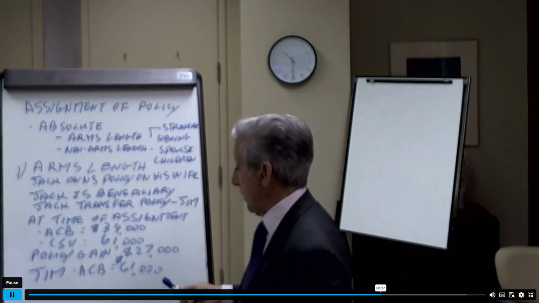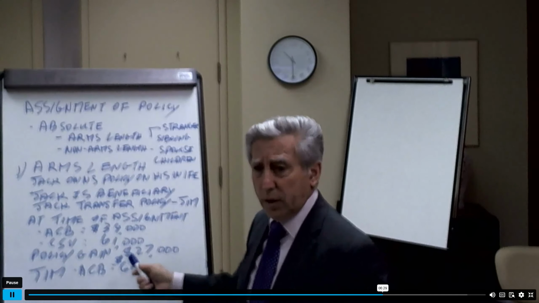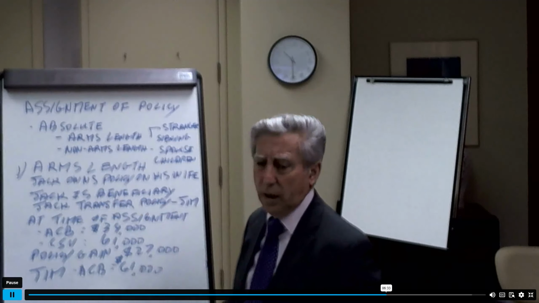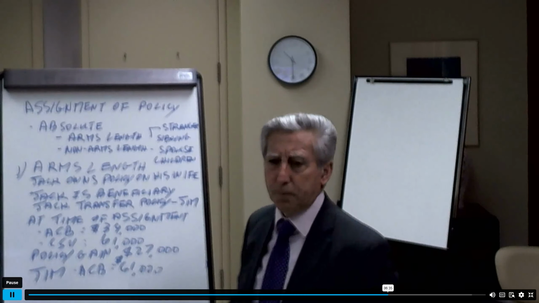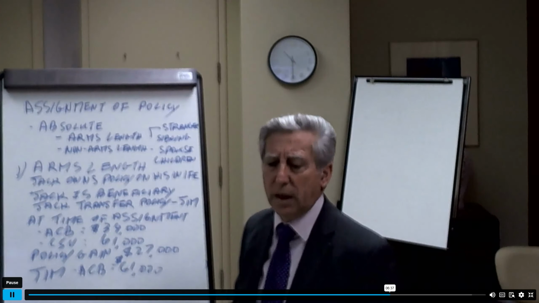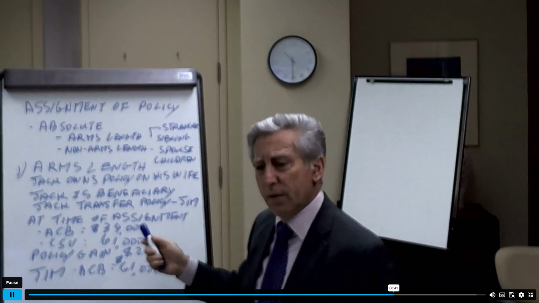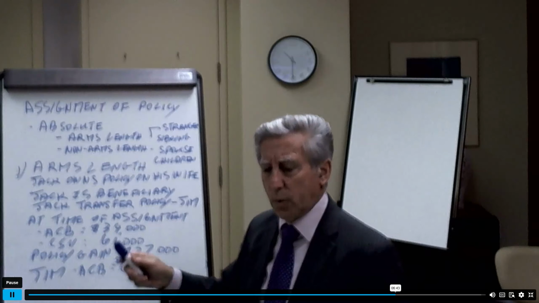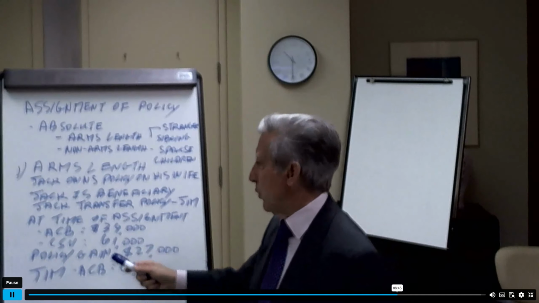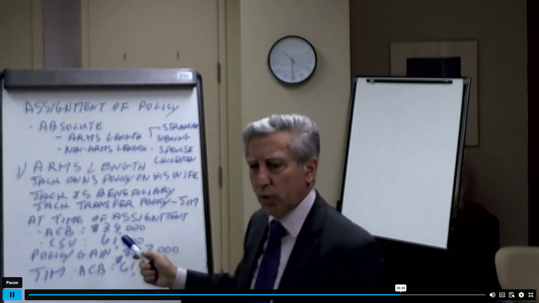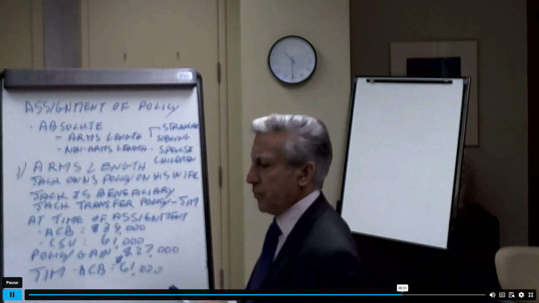Now, something else to be noticed here is that in this case it was done while Jack was alive. What if Jack had died, and the contingent owner was still his brother, Jim? Even though it was a death benefit, in other words, the transfer actually happened when Jack died, the exact same rules apply. Jim now becomes the new owner.